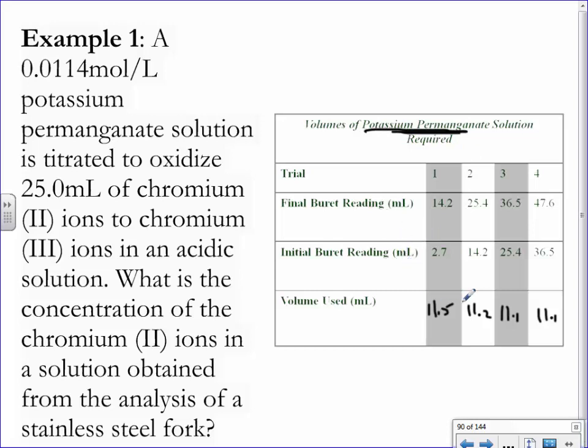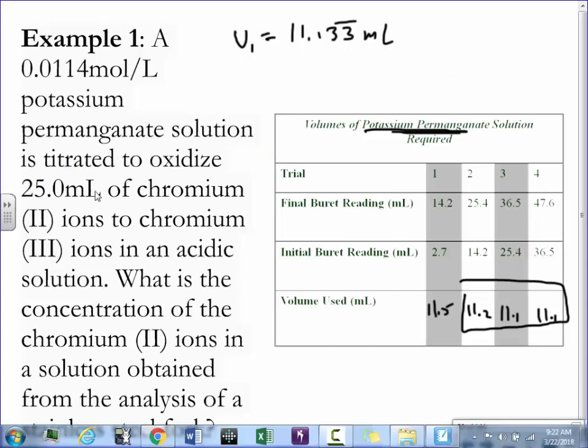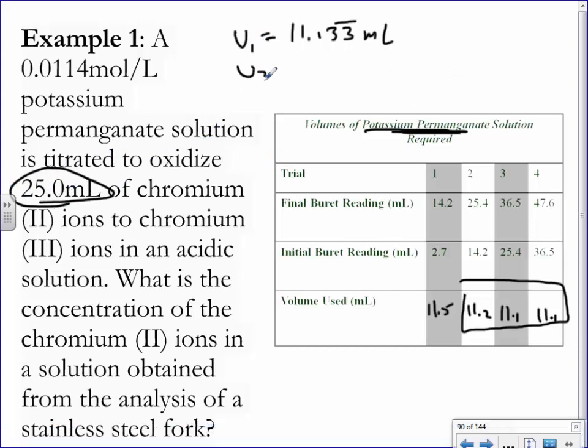So if I average the 3 I'm allowed to average, which are 11.1, 11.1, and 11.2, my volume is going to be 11.13 repeating milliliters. That's one of my volumes. I have a second volume right here, which is 25.0 milliliters.